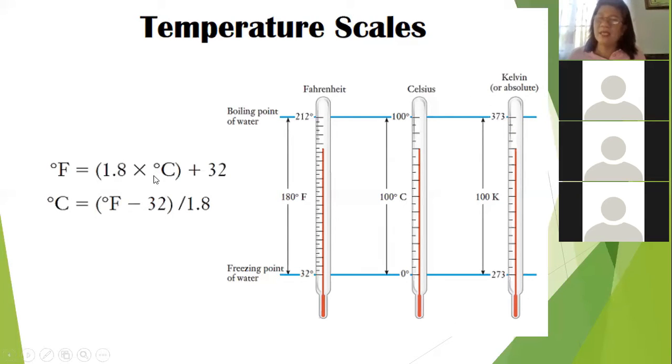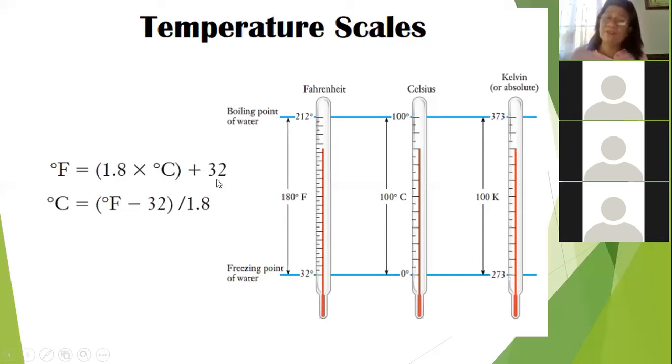Whatever is given in centigrade, multiply it first with 1.8. Don't add first, it should be whatever is given. For instance, you have 40 degrees centigrade. What will be the equivalent of that in Fahrenheit? All you have to do is place here 40, multiply it with 1.8, before you add it with 32. So that is the equivalent of degree centigrade into Fahrenheit.